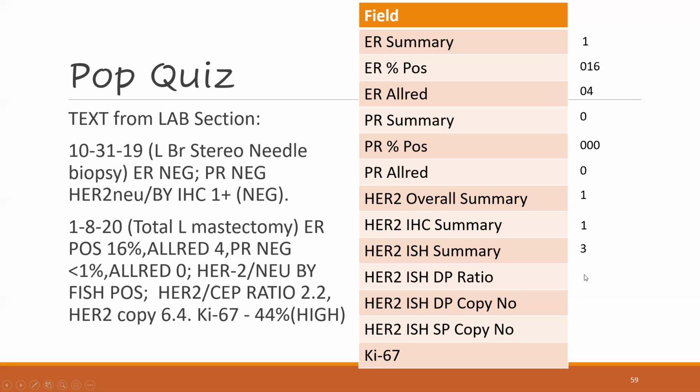And we have a ratio, so we have a dual probe ratio of 2.2. We have a HER2 copy number of 6.4. We did not have a single probe, and we do have a Ki67 of 44. So there's the best that we can do for this case for what we have for text.